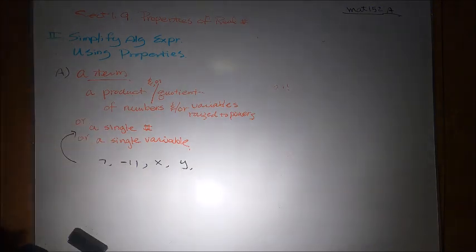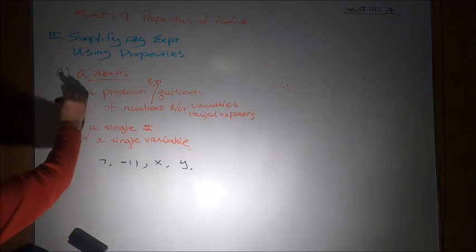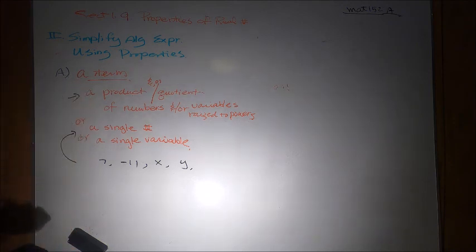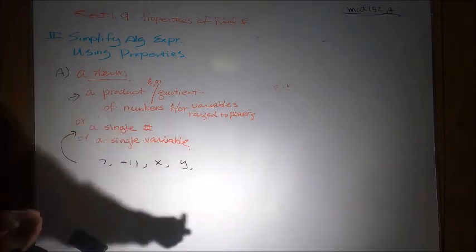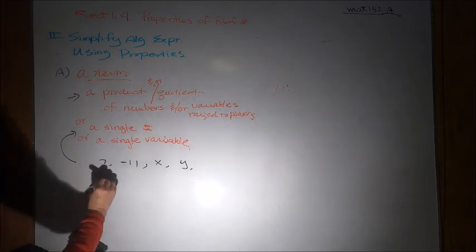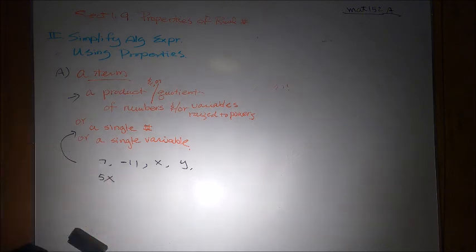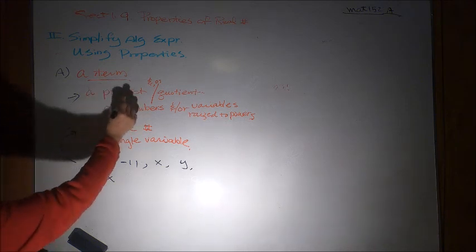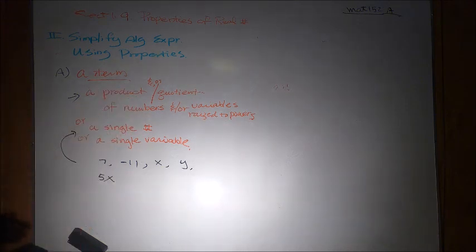Right? And how about this one? A product or quotient of bunch of things, numbers and variables, raised to powers. So, if I have 5x, is that a term or two terms? A product. So it is a term, right?